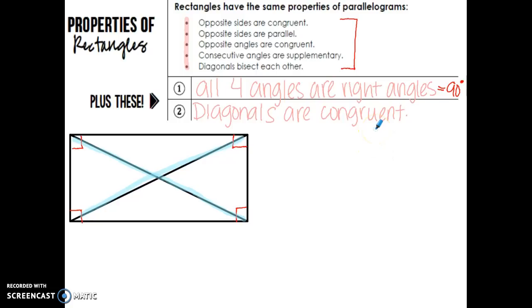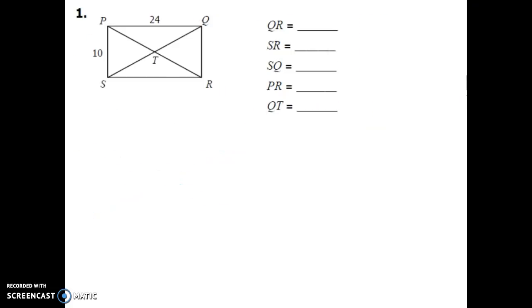So let's take a look at how we would do some of these in practice. The directions for number 1 say that each quadrilateral below is a rectangle. Find the missing measures. So we do want to use those properties kind of as a checklist. Here I know I am using just sides, so only some of my properties will have to be applied here. My first property is that sides are parallel.